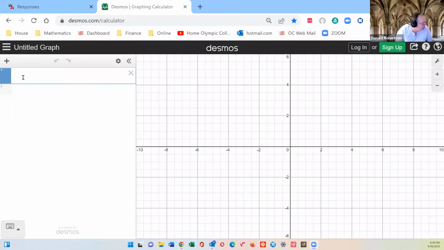Okay, I've lost my darn stupid windows. Go away. And here we go. So I'm going to go to Desmos and I'm going to type in two functions. And the first one is essentially that expression that we calculated. So it's 2 and a bracket. And inside that bracket, there was a 5 on the top.